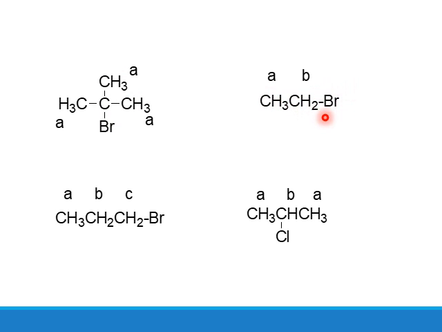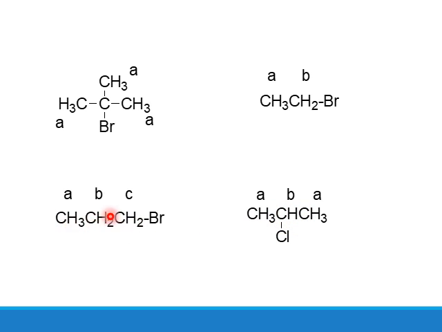Here, relative to the position of the boron atom, we have two different types. These two hydrogens are closer, and these three hydrogens are a little farther. Or here we have two different types: these two methyls have the same position relative to the boron, but this single hydrogen is different.